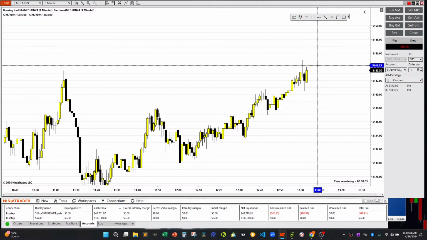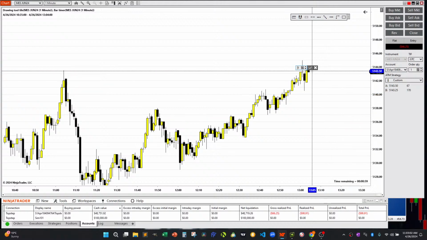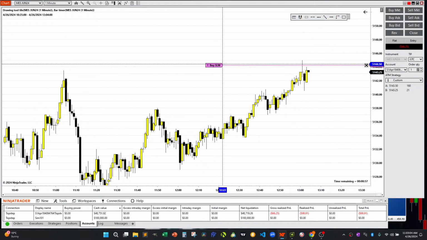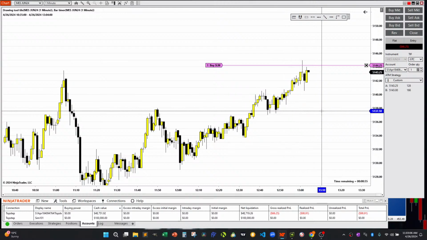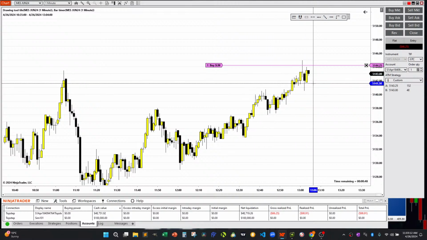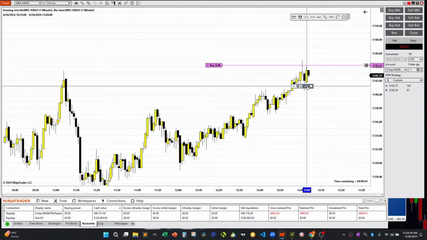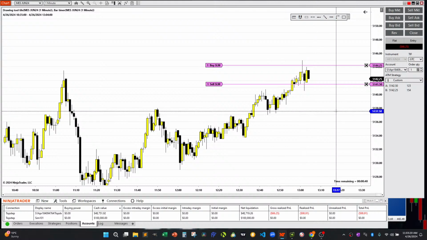If that's going to push higher, then it would probably do it from here. Order submitted. Go one tick above. And one tick below. Order submitted. Try that approach again.